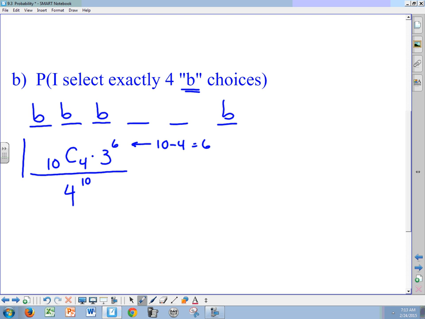So as you can see, our counting methods really talk about the numerator as the possible choices.